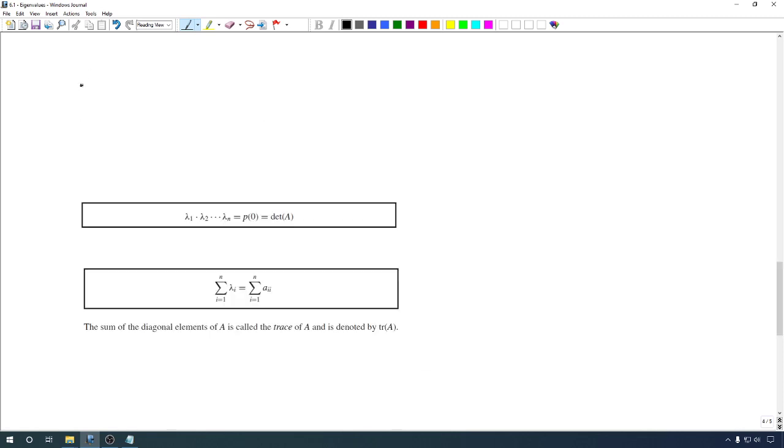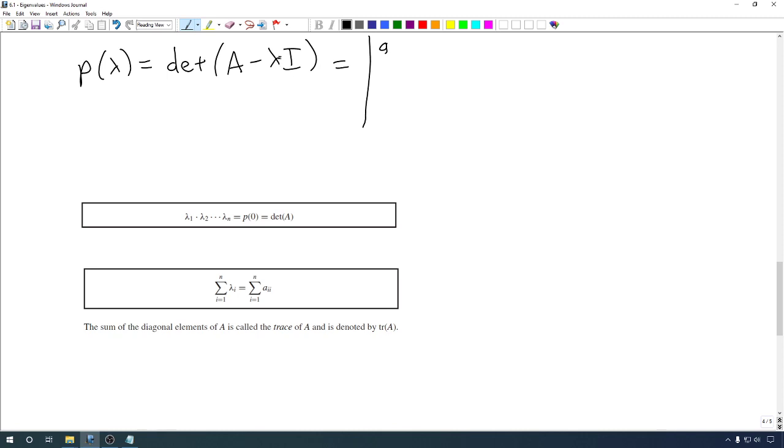Another thing that we can do is imagine what happens if we pull apart this characteristic polynomial. If we write this whole thing out, so let's say that A consists of A11, A12, and so on and so forth.